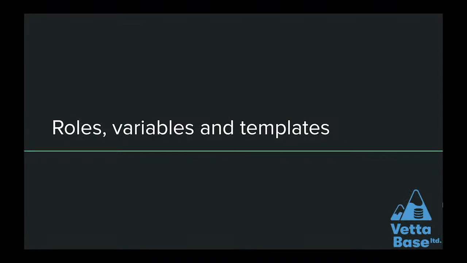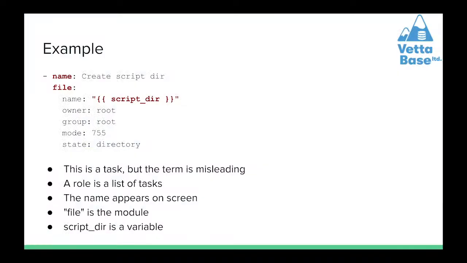So let's talk about some other very important components of Ansible, which are roles, variables, and templates. Okay, so what you see in this example is the most simple building block of an Ansible playbook or role. It is called a task.